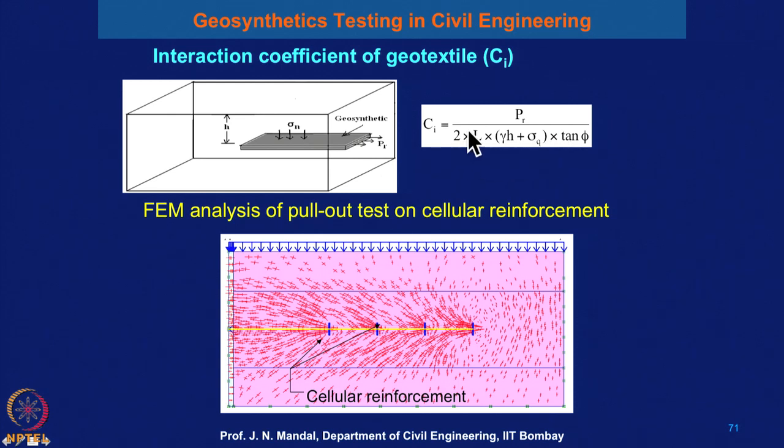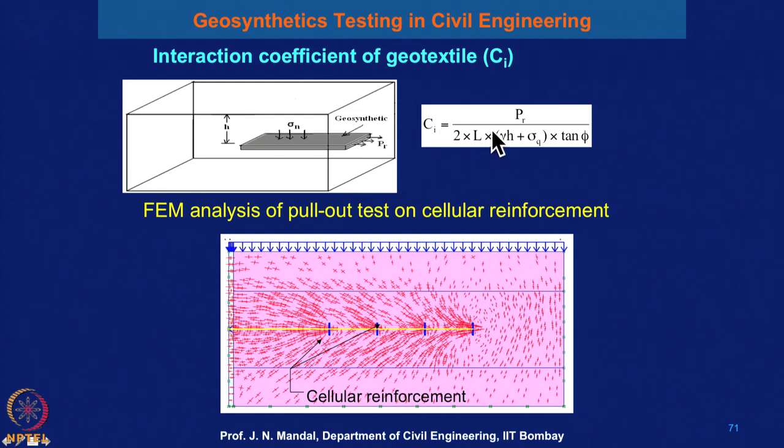So, you can determine the interaction coefficient. You know P_R, because you know F and you know W. So, this P_R will be equal to the interaction coefficient C_i into this. From this pull-out test, you can determine the interaction coefficient of the geosynthetic material.